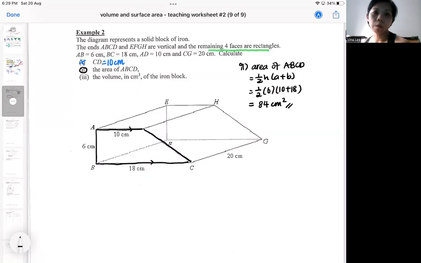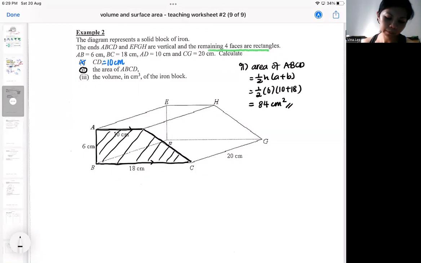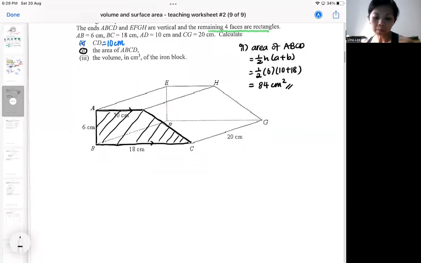And then we'll like the volume of the block. So getting this volume is quite easy. So the volume is just whatever the cross section, multiplied by the length. So you are slicing the trapezium. So every time you slice, okay, a piece of trapezium comes up.